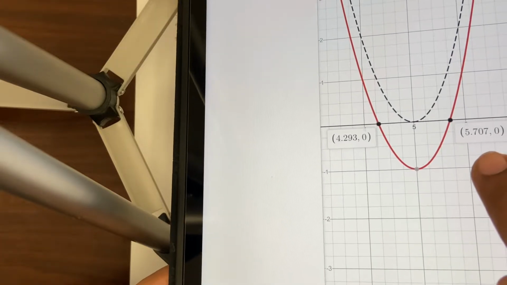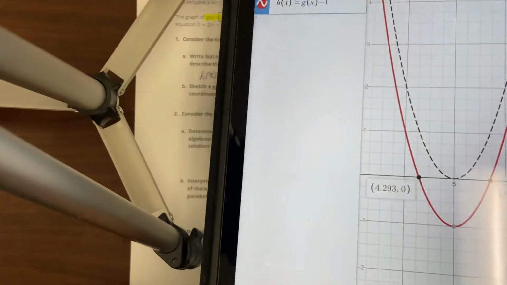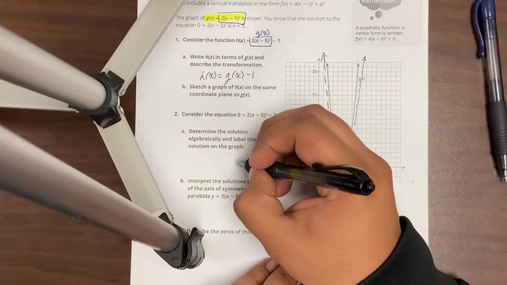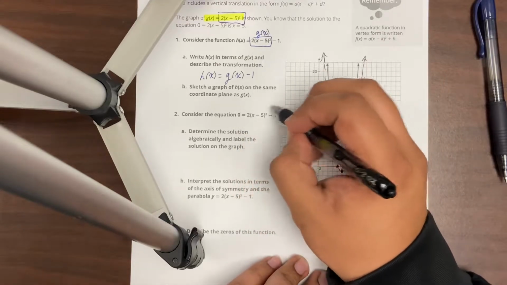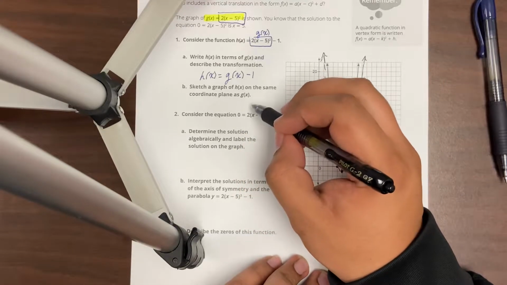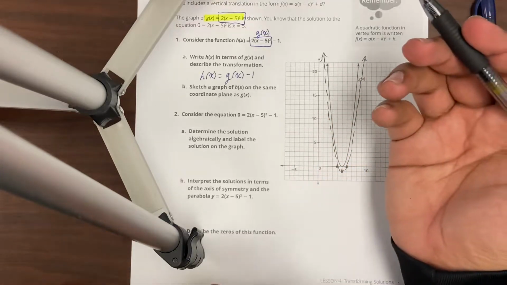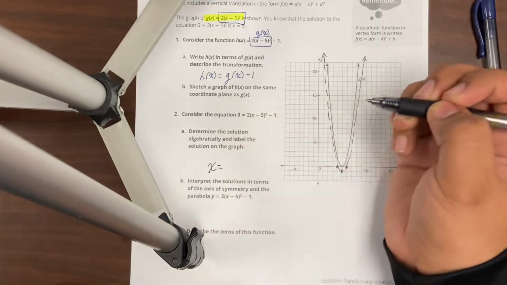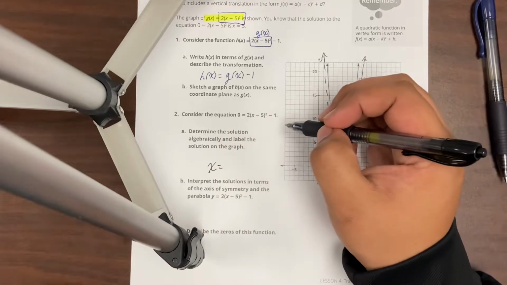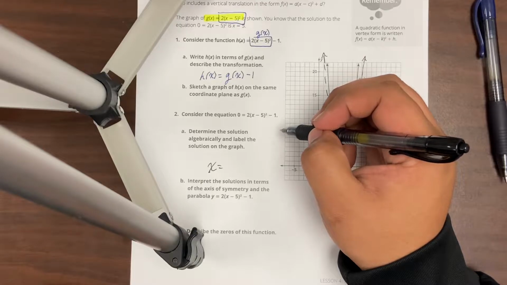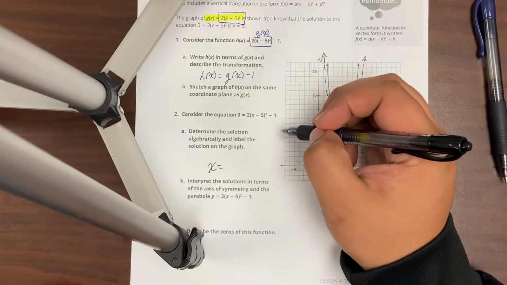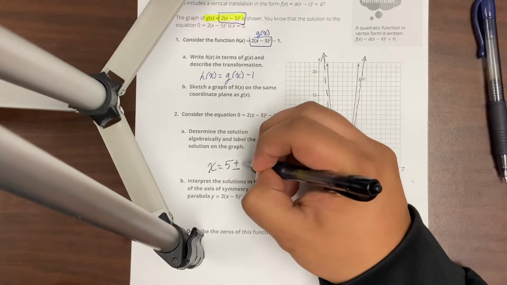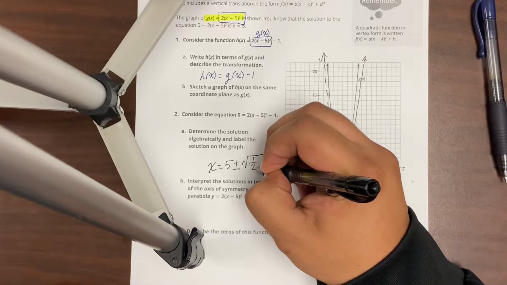4.293 and 5.707. Those are my zeros. And if I did end up solving it correctly, because oh yeah, we're all super experts on this, which is where it doesn't make sense why they're going to pressure us to do this, but that's just my ideas. You should get x equals, give me 1 second, trying to do this. 5 plus or minus the square root of 1 over 2.